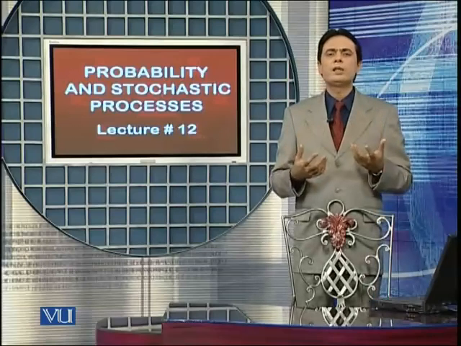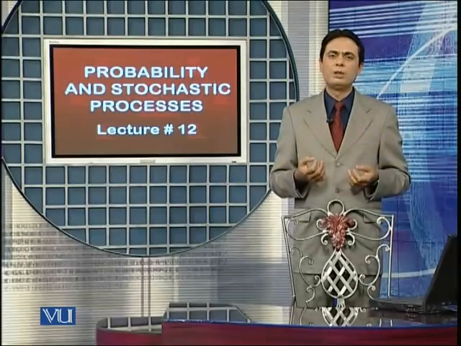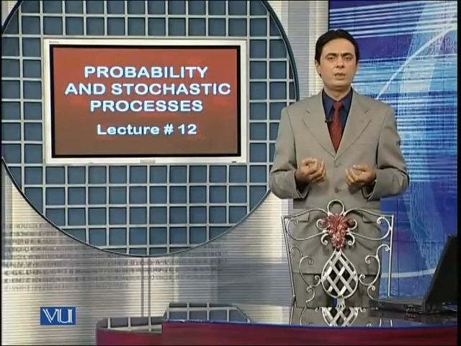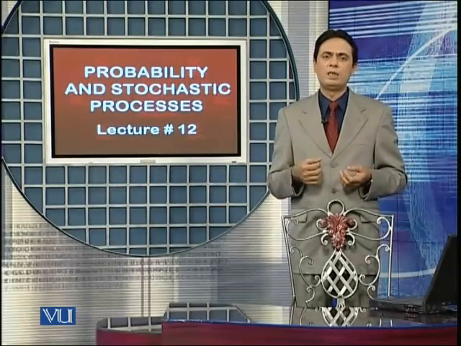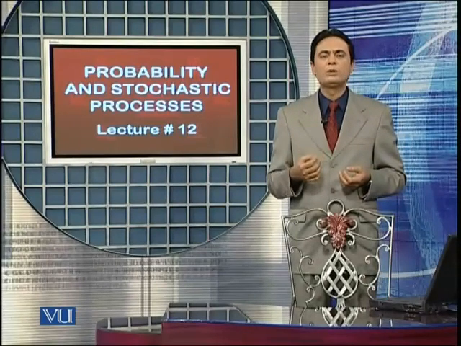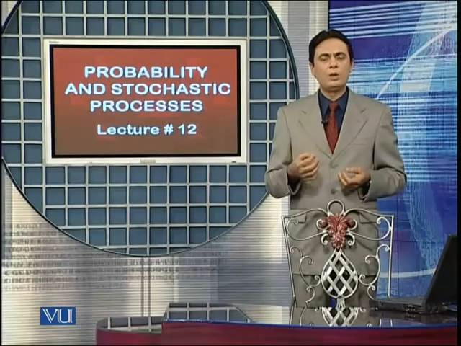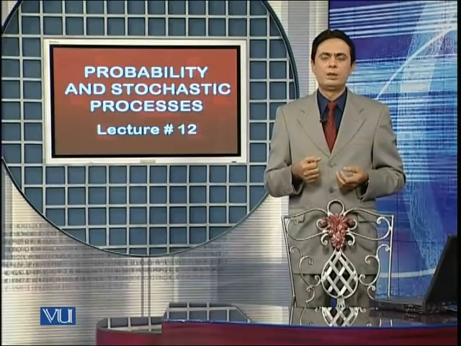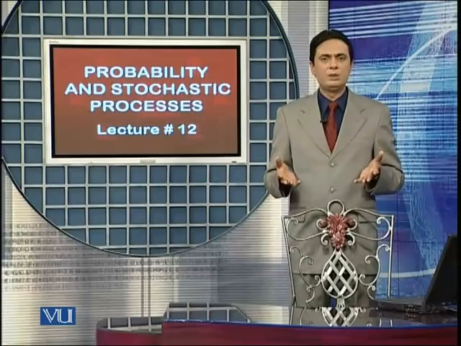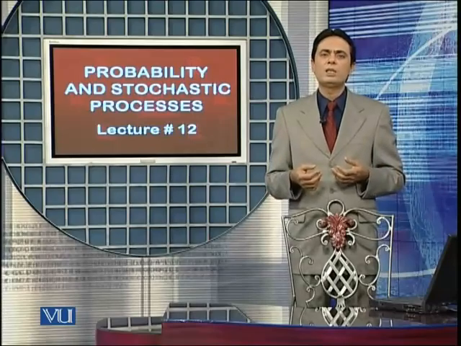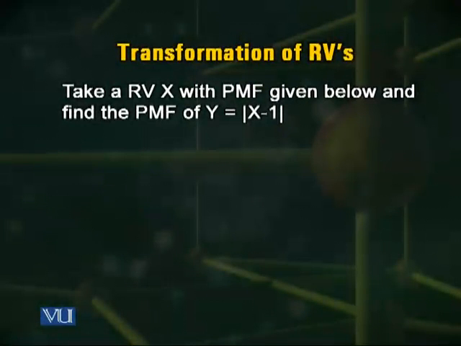Let's take another example of transformation of one-dimensional random variable to one-dimensional random variable. But this time we are going to use a mapping which is not invertible. Let's take the same random variable we were talking about in the previous example, but this time we are going to use a mapping y is equal to absolute value of x minus 1.